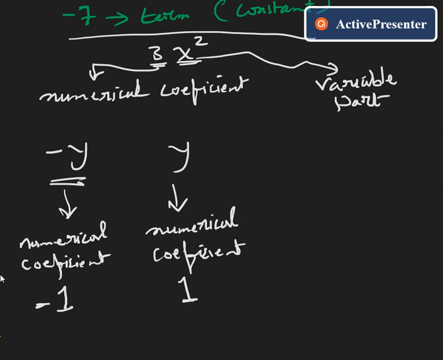So it's important to know that if the numerical coefficient for a variable in a term is 1 or minus 1, it is not written, only the sign, whether it is negative or positive. This means the coefficient here is minus 1 and the coefficient here is 1.